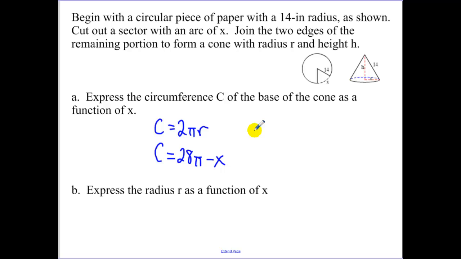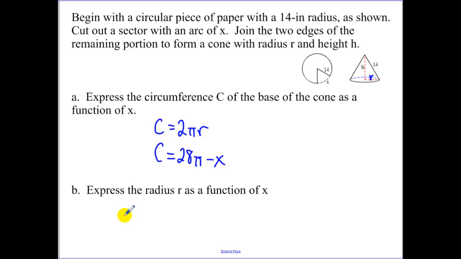Okay, so express the radius r. r is down here, the radius of the base of our cone. So when you think about it, this circumference here came around and formed this piece of our cone.